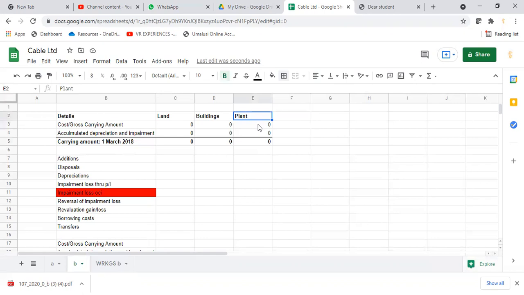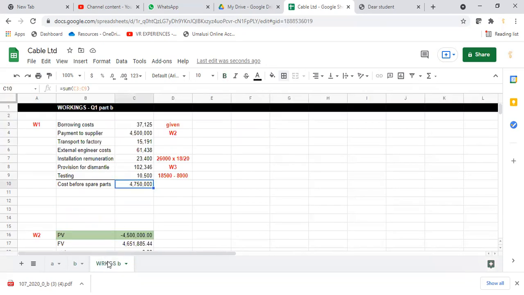When you have spare parts relating to different assets, then it's probably best to have a separate category called spare parts. But because these spare parts specifically relate to the plant, it is okay to include it in the cost of the plant. Just be aware of that. Nothing major, nothing to have sleepless nights about.